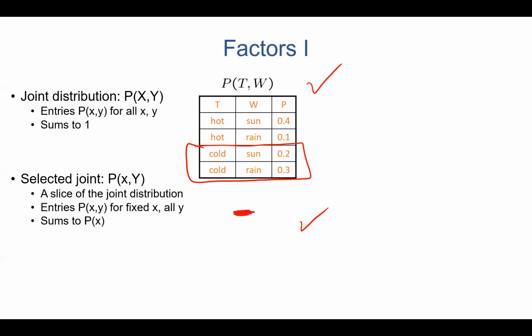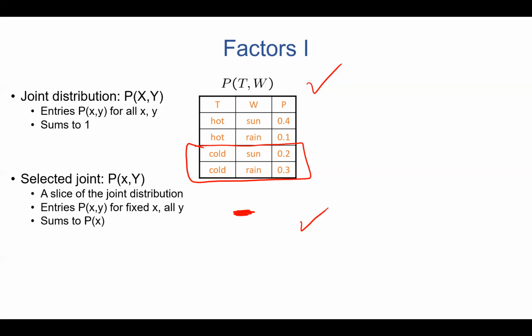So this is the joint distribution, one factor that we have seen quite a number of times before. Another one is the selected joint, where we take a slice of the joint distribution, or entries of P of X and Y for fixed X, because we have given the evidence there, small lowercase x, and all y. And that sums to P of X.